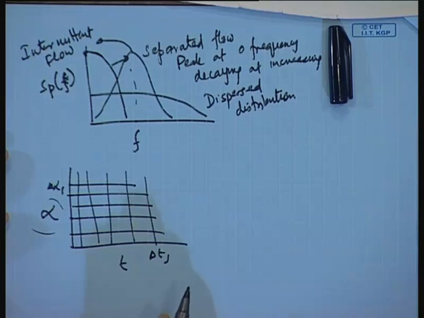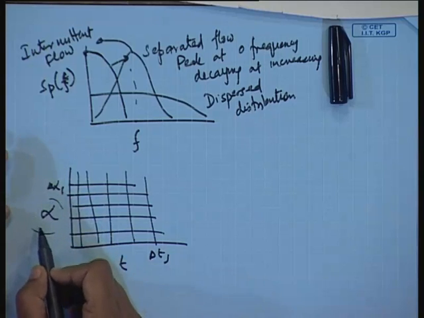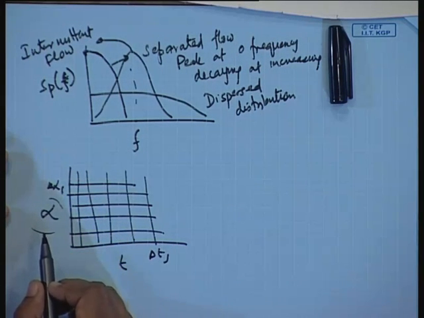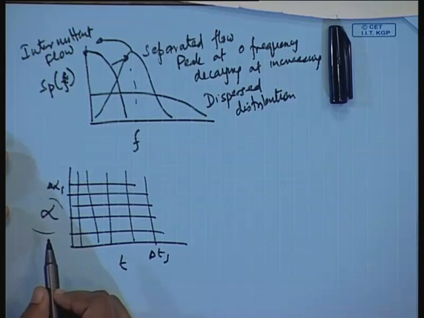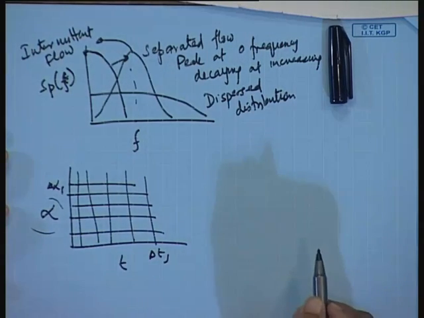Now, when it is bubbly flow, where will we find alpha the maximum number of times? At low void fraction, isn't it? Because most of the time it is only water. Very rarely will bubbles come and strike.